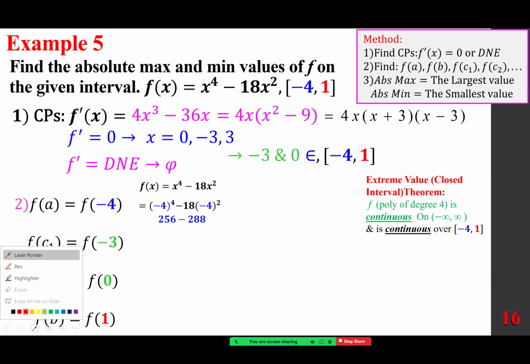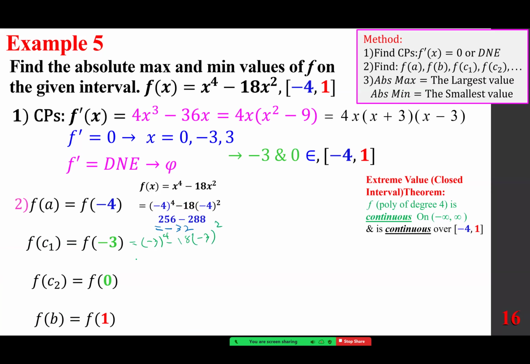And we get negative 32. We are going to use -3, meaning -3 to the power of 4 minus 18 times -3 squared. -3 to the power of 4 is 3 to the power of 4, or 81, because negative or positive to the power of even becomes positive. -3 squared is positive 9, times 18 is 162, and we get minus 81.